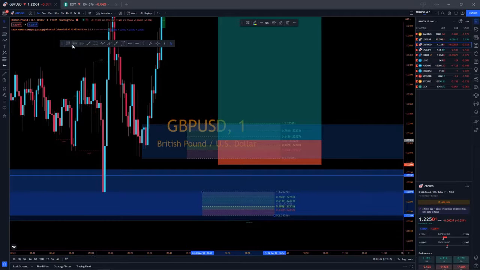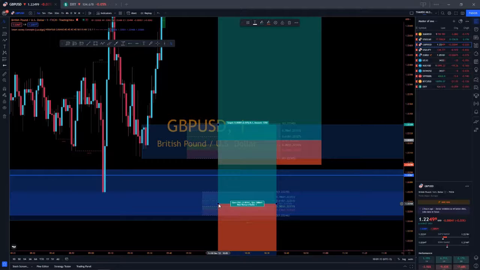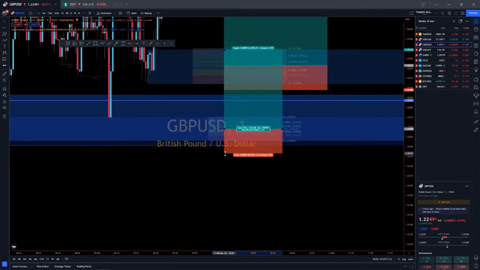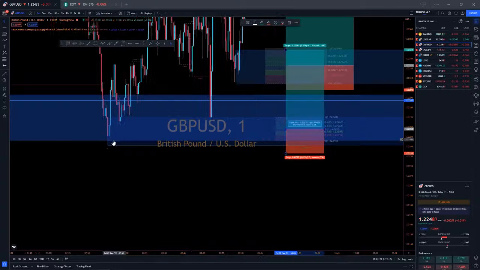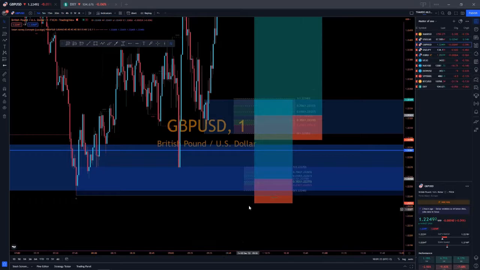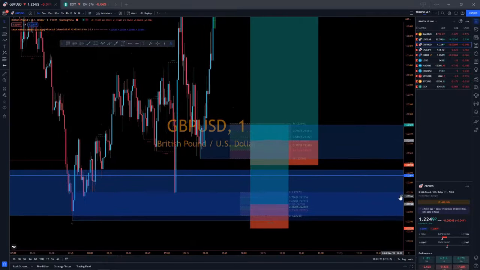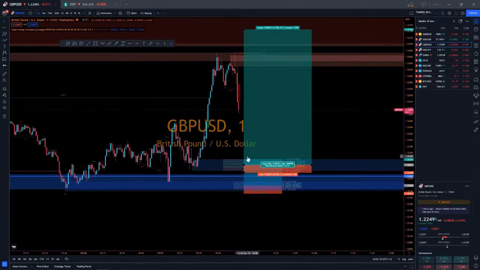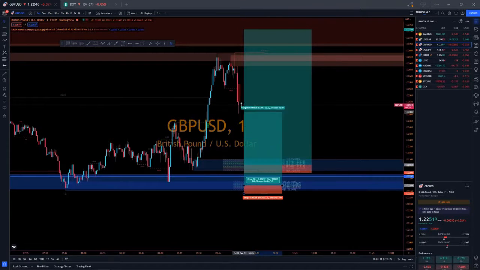As well, and we have a long position there on the 50% mark, with our stop loss right over here below this low here, which is a 2.5 pip stop loss.